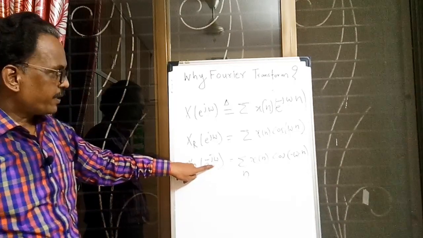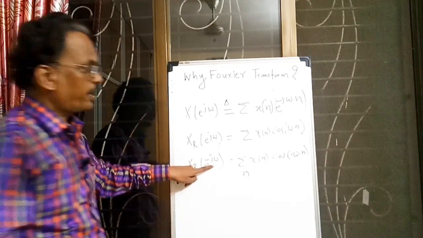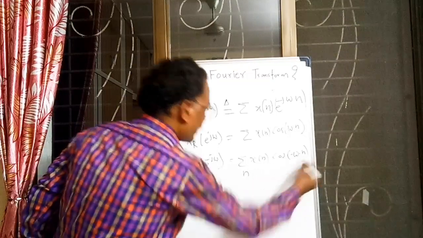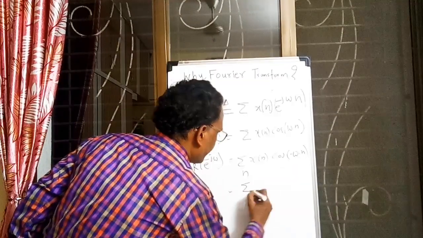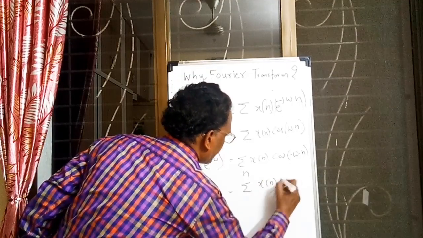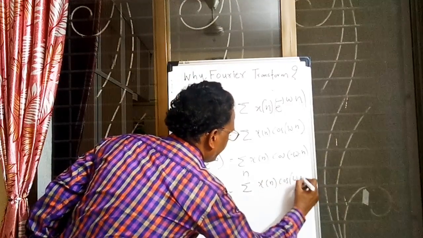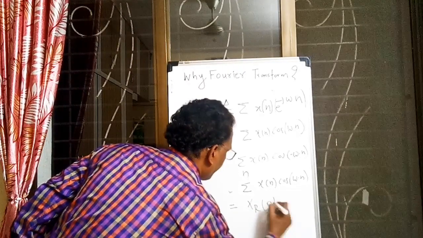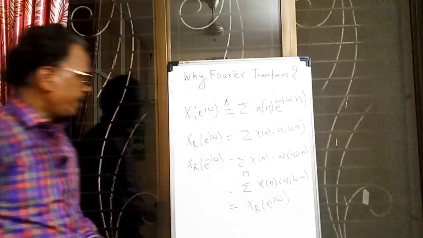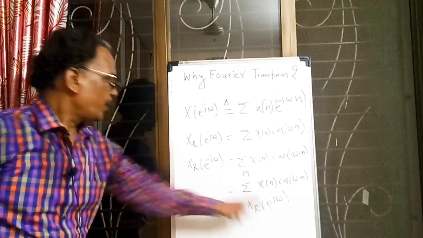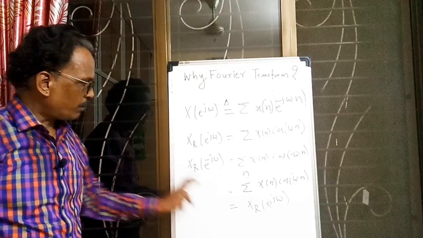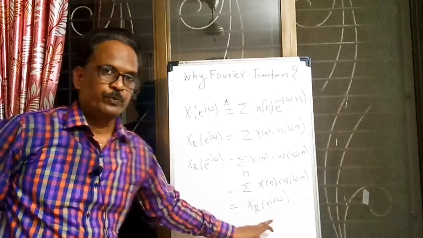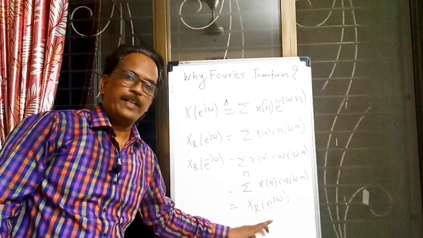So what is the effect on the corresponding right hand side? On the right hand side it is x of n cos of minus omega n. We know that cos of minus theta is cos theta, so it is cos of omega n, which is nothing but the original X_R(e^{j omega}). So from this we can conclude that the real part of the Fourier transform is symmetric.